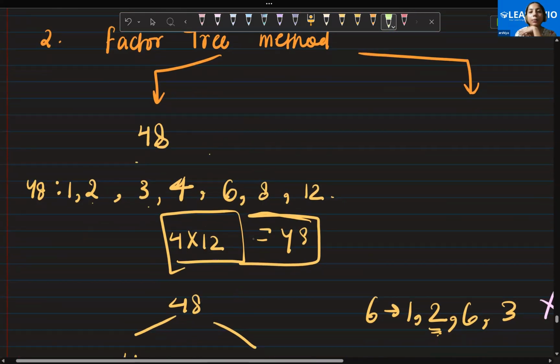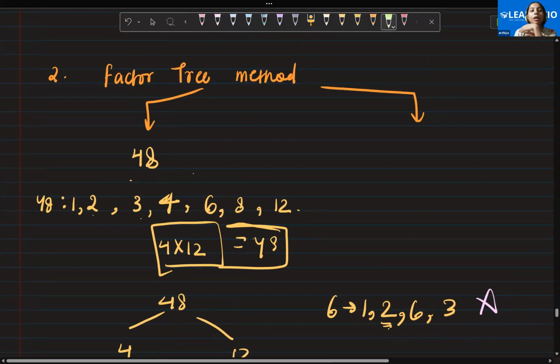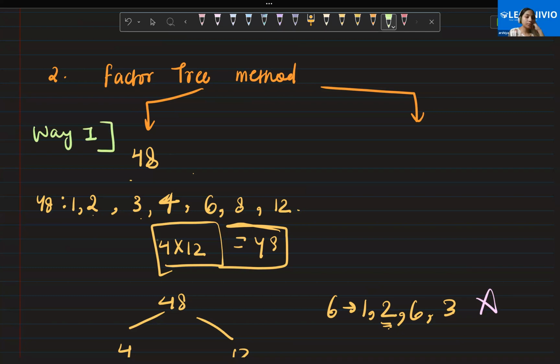Now you can start writing. Write factor tree method and write way 1. So this is the first way, and write down for 48. Then you can write down for 60. Is that clear?